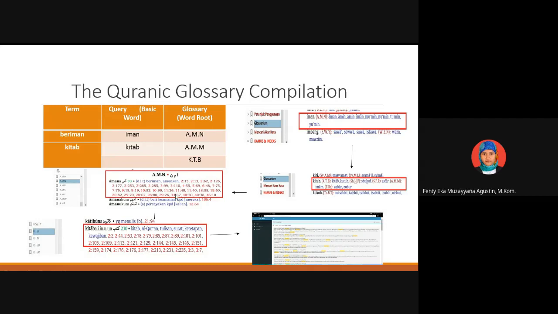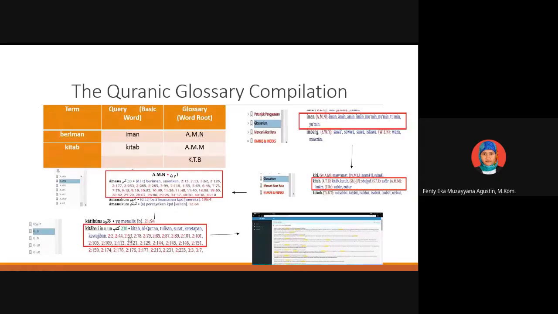So this searching result, we capture and send to the system. Below is the searching result from Kataba, and the combination of these searching results we save in our system.